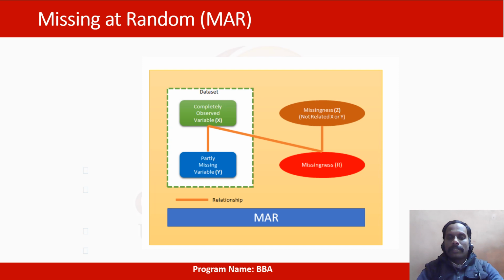The next type is missing at random. When we say data are missing at random, we mean that the missing data on a partly missing variable y is related to some other completely observed variable x in the analysis model, but not to the value of y itself. So it is not specially related to the missing information.